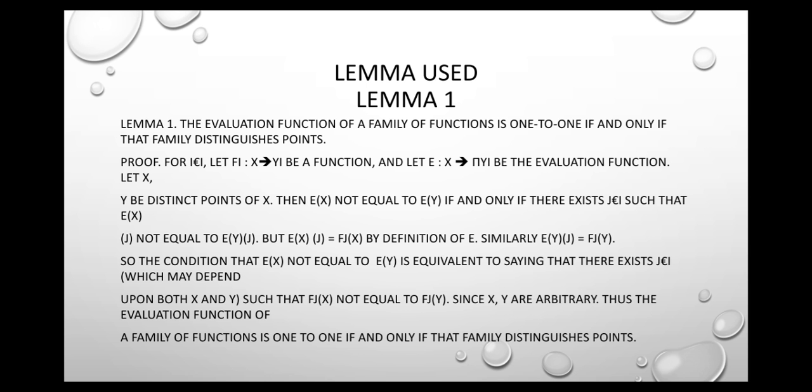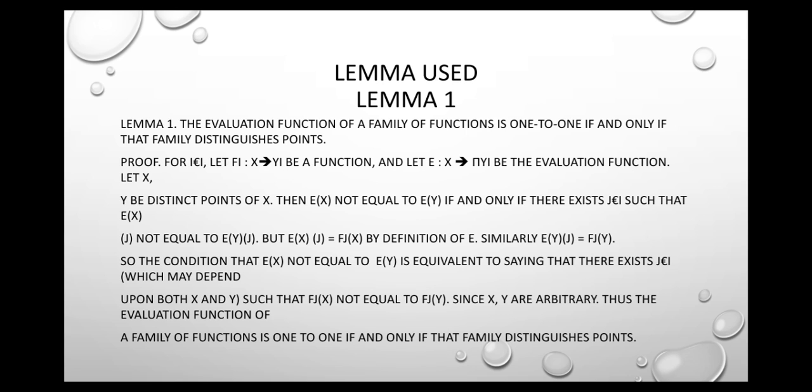Now, the first lemma: the evaluation function of a family of functions is 1 to 1 if and only if that family distinguishes points. First, we need to prove 1 to 1. Proof: let f_i from X to Y_i be a function and let E from X to the product of Y_i be the evaluation function.